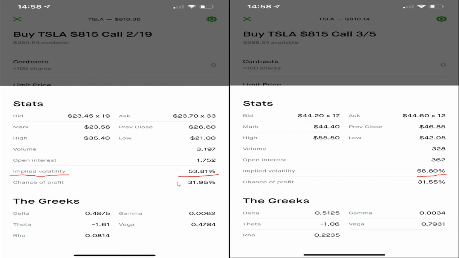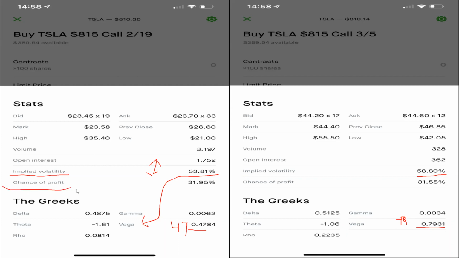We also know that the IV impacts the Vega. Remember, if the IV goes up or down 1%, then the Vega is going to change the option's premium by the underlying right here, 47 or 79 bucks per 1%. And this is where you'll find IV. Every contract has this IV.